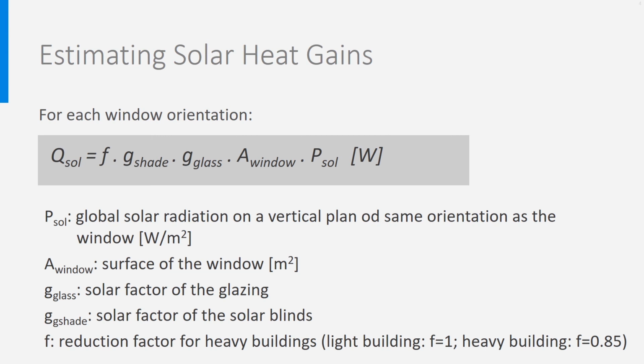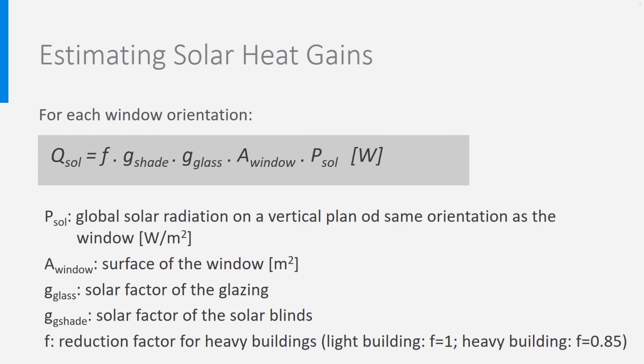So, to obtain the solar gains, we need to multiply this by the solar factors of the window and the solar factor of the blinds, if there are any, and also by the correction factor for building mass. For a light building, F will be 1, for a heavy one it will be 0.85.